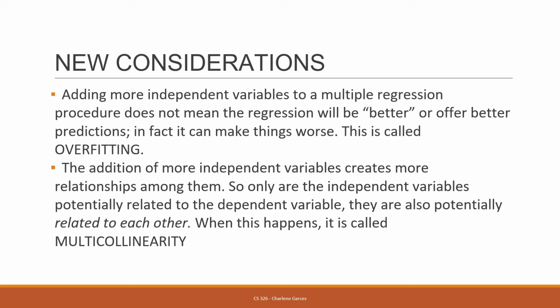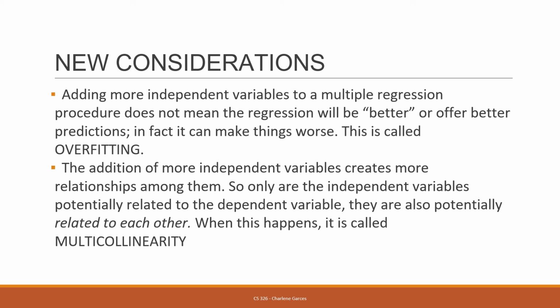You have to interconnect all the independent variables to be able to come up with a high-accuracy effect on the dependent variable. The independent variables are not only potentially related to the dependent variable, they are also potentially related to each other. When this happens, it is called multicollinearity.